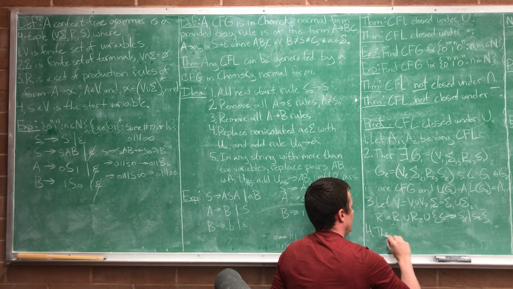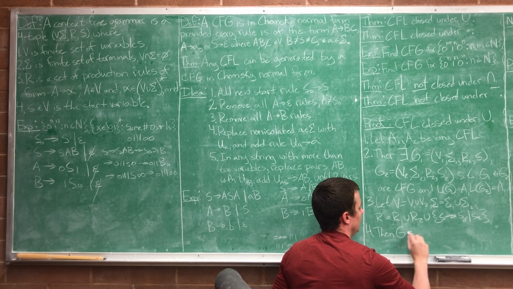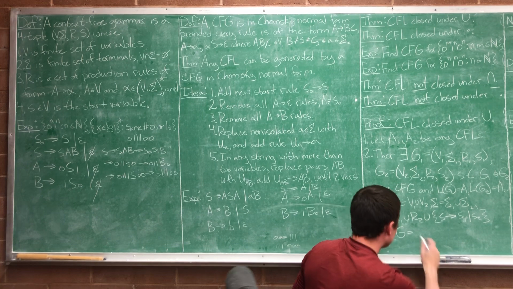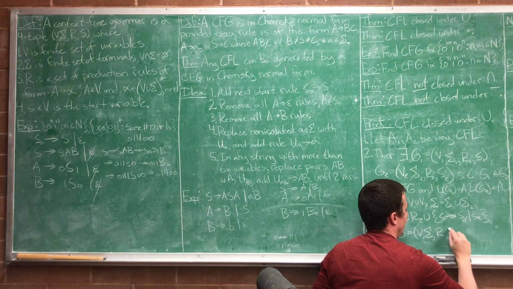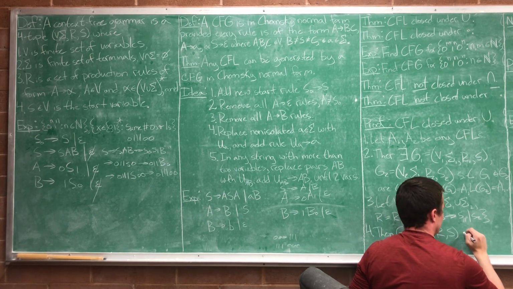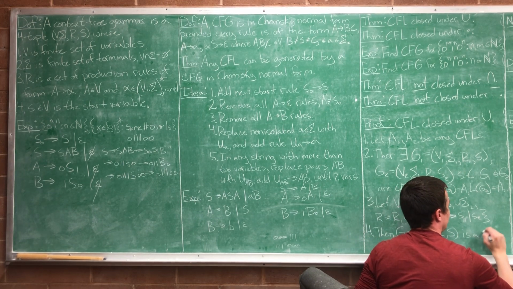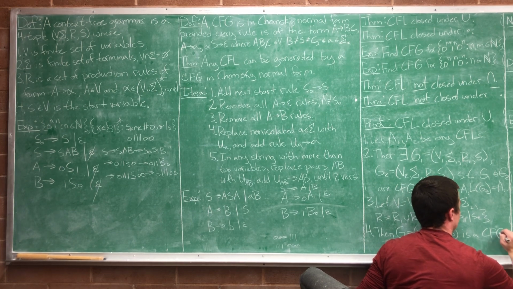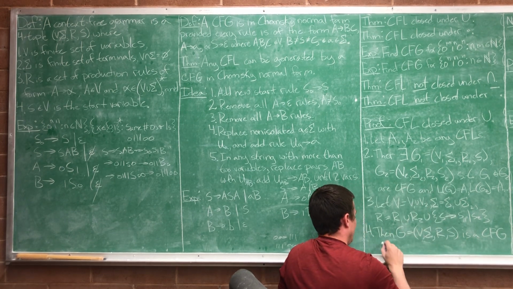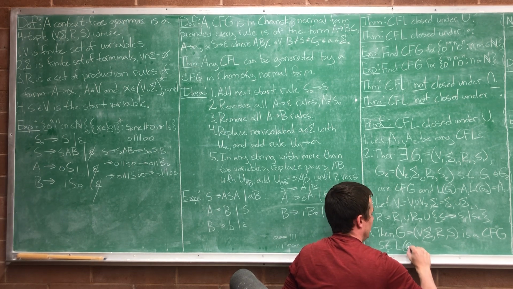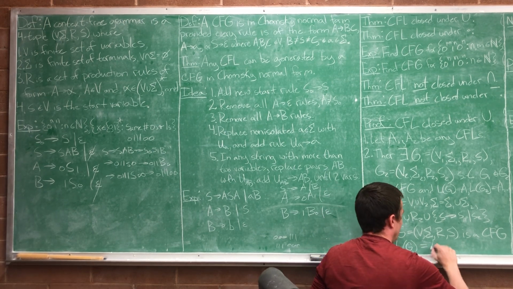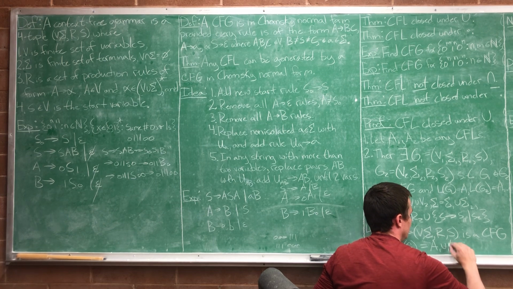So then G equal to V, sigma, R, and S is a context-free grammar such that the language of G is equal to A1 union A2. And we're done.